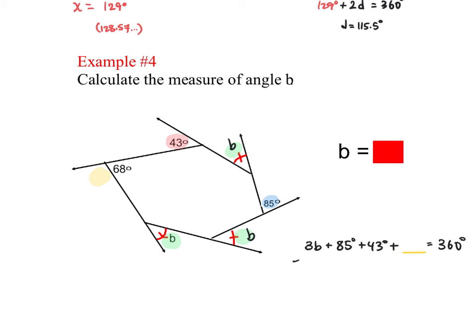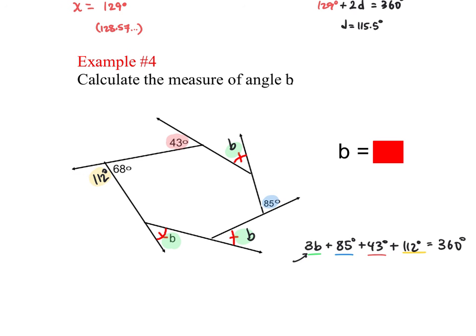Notice how I have the 3B here, which accumulates those three angles together. Okay, so I've got my three green angles, my 85-degree exterior angle, my 43-degree exterior angle, and then this unknown angle, which of course will be 112 degrees, since 68 and 112 add up to 180.